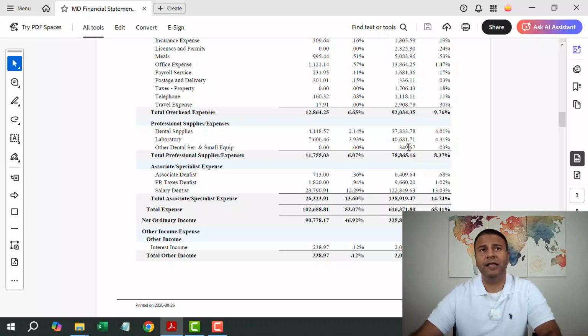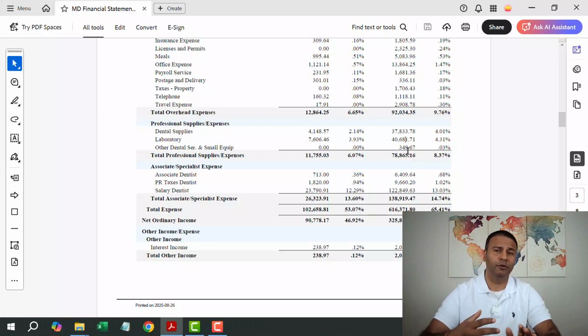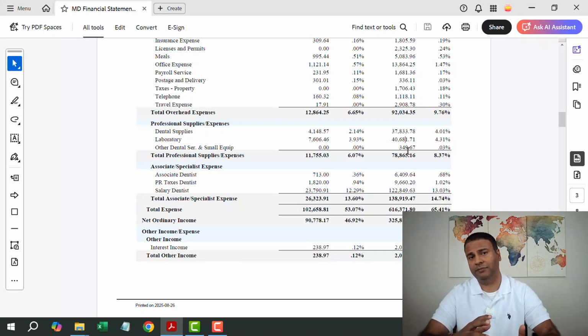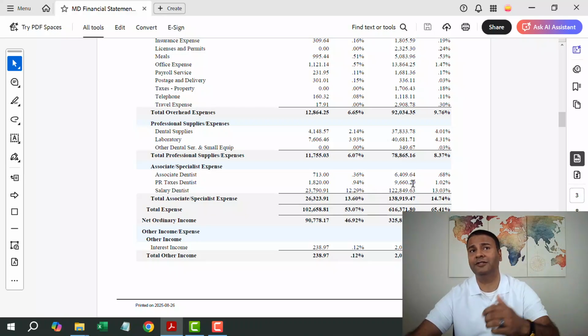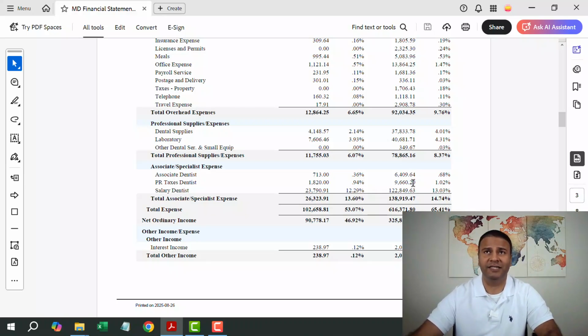Other dental services and small expenses are typically related to if you're buying some loops and maybe some dental equipment that is less than $2,500, that will go in this line over here. And this tells you this entity's total professional supplies and expenses is $78,000.